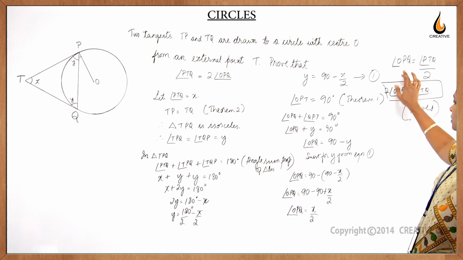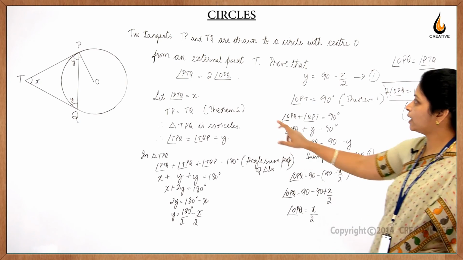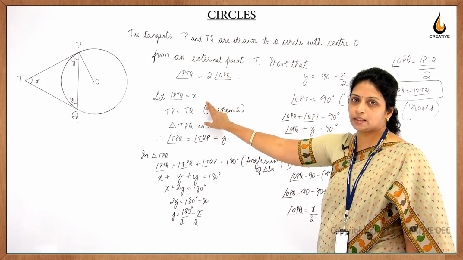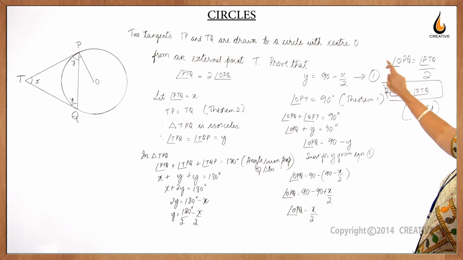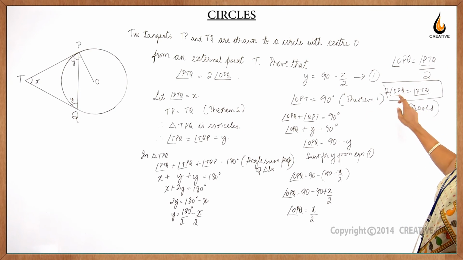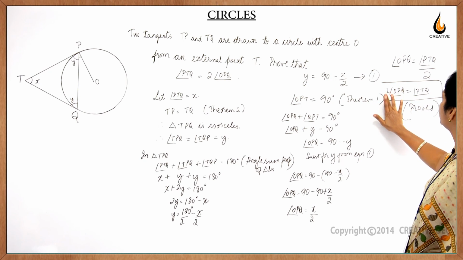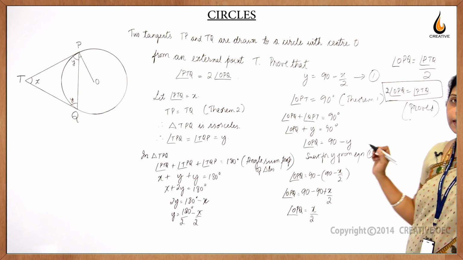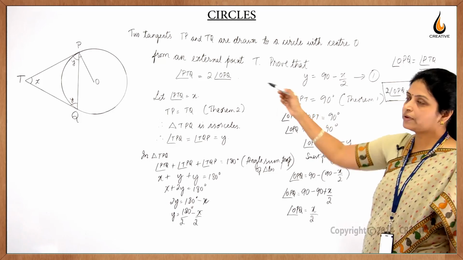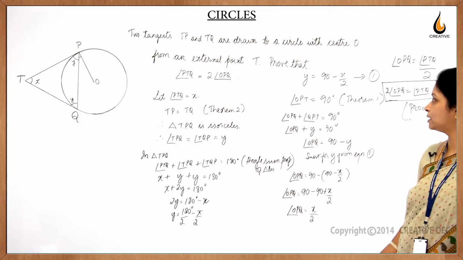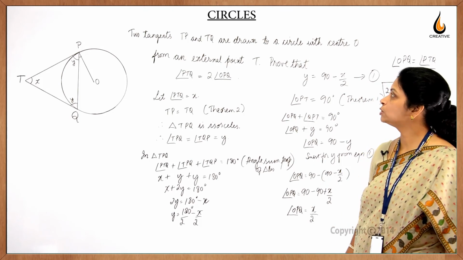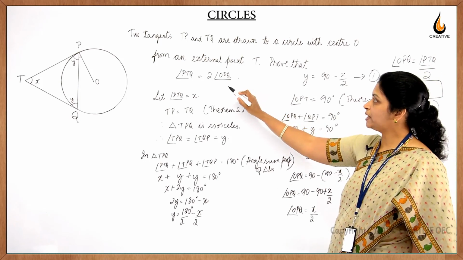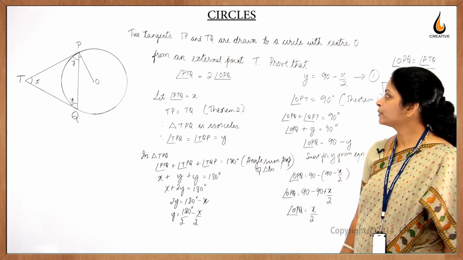So, angle OPQ is equal to, x value is PTQ, so for x we will write PTQ by 2, and you take 2 to the left hand side, twice angle OPQ is equal to angle PTQ, which is what has been asked in the question to prove. So, this is how we prove this, show that PTQ is equal to twice angle OPQ.